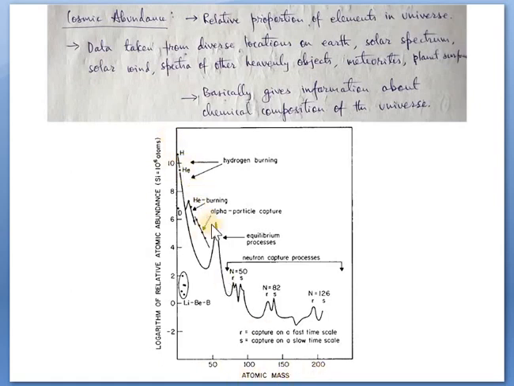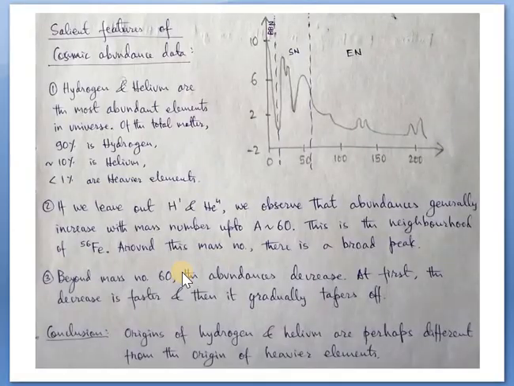The first feature is this: you see a somewhat decreasing trend in the log graph. Do note that lithium, beryllium, and boron have a very significantly low abundance. Now, the salient features of this cosmic abundance data.